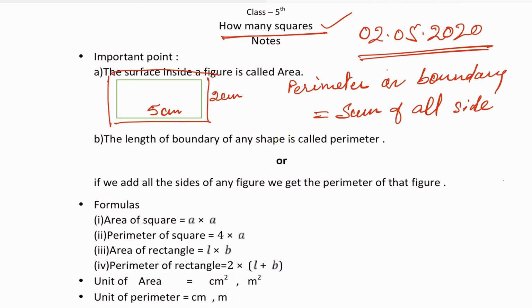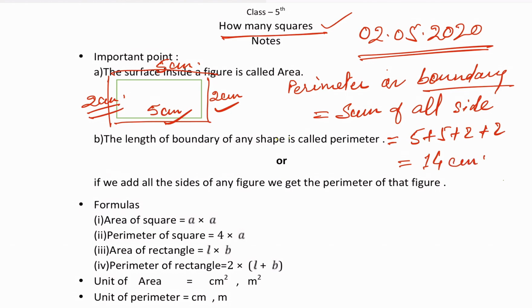Sum of all sides means this is 5 centimeter, then this will also be 5 centimeter, and the other breadth is also 2 centimeter. Then you have to calculate the boundary. 5 plus 5 plus 2 plus 2 equals 14 centimeter. Isn't it?